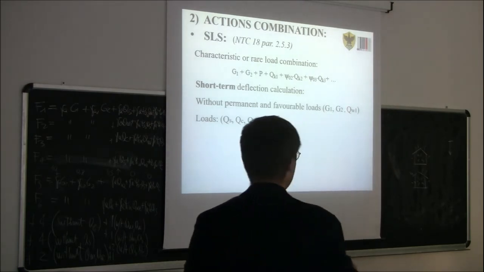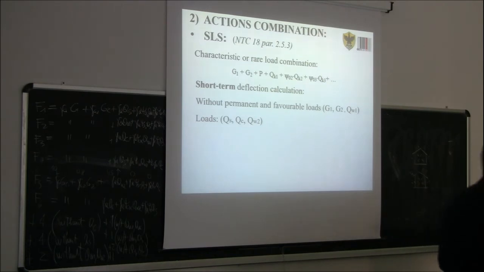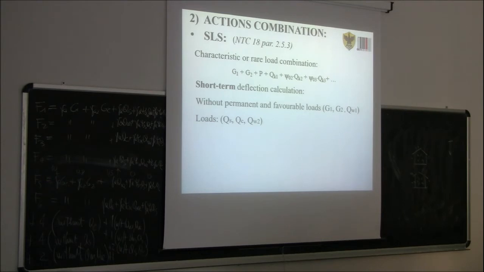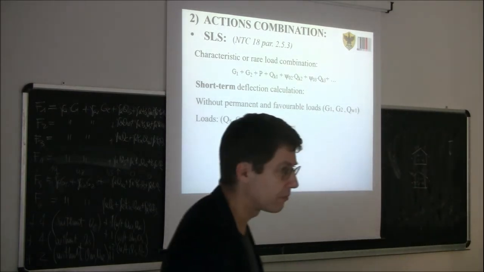Okay, so W1 is the suction, okay? So just take a note, what we said before was wrong actually. So we need to swap QW1 with QW2. So before, when we put this number here, we were assuming that QW1 was a pressure, while instead, in reality, at least in this exercise, QW1 is a suction, okay?